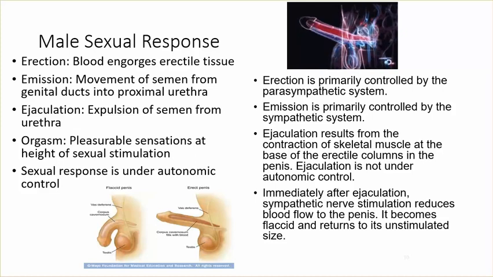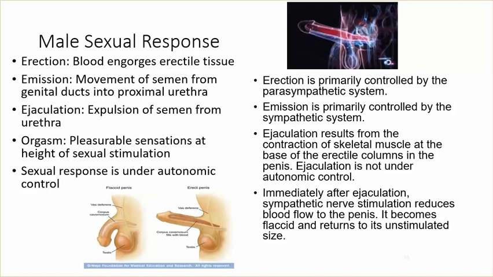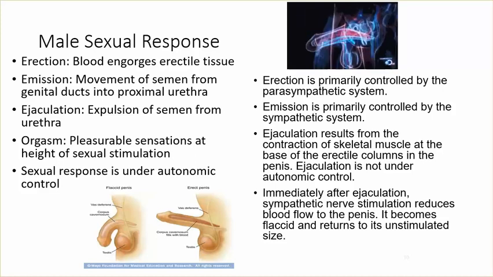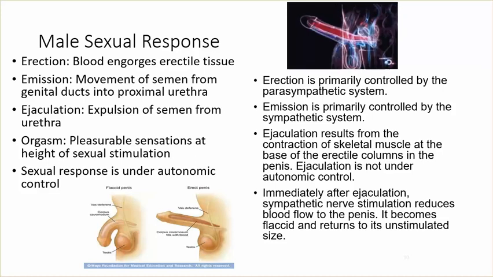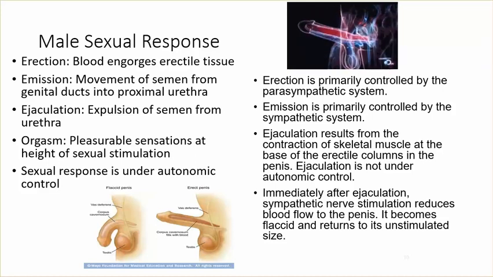And what this is, is an autonomic response. It's sympathetic. So the parasympathetic nervous system is involved for excitation, but orgasm is a sudden onslaught of sympathetic.